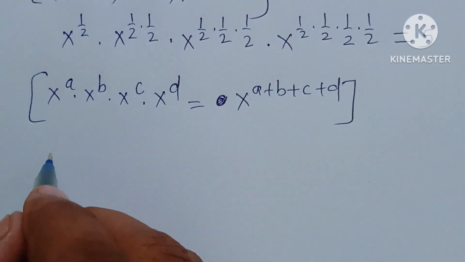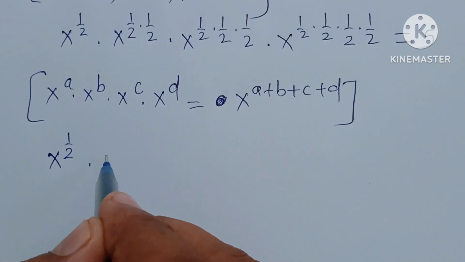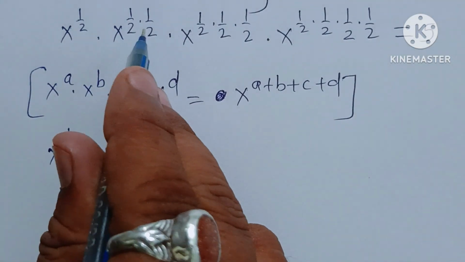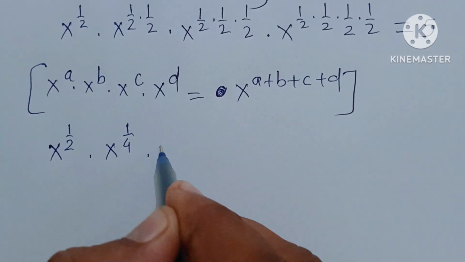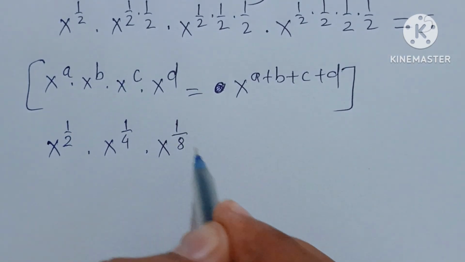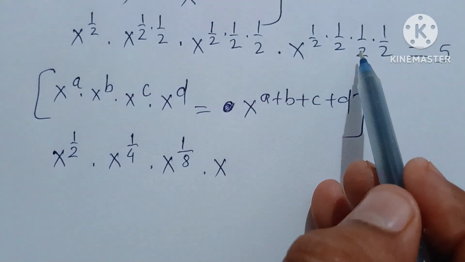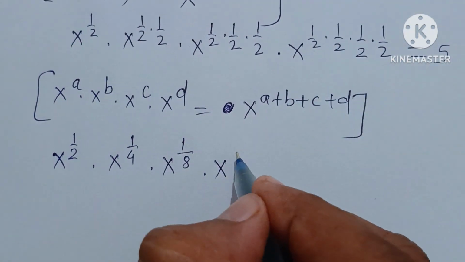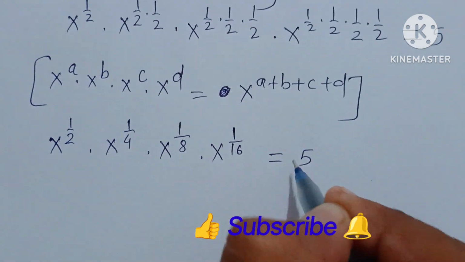First we write this x raised to the power 1 by 2 into x raised to the power 1 by 2 into 1 by 2, that is 1 by 4, into x raised to the power 1 by 8, into x raised to the power 2 to the 4, 4 to the 8, 8 to the 16, 1 by 16 equal to 5.